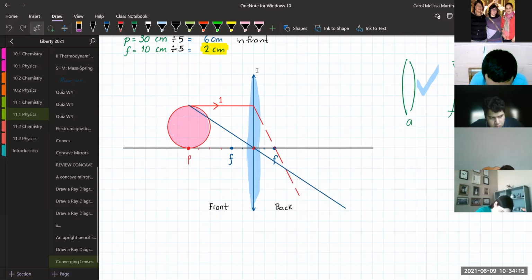It's passing through this center point, okay? The one in the exact middle. Remember that whenever you are in the back of the lens, you have to use a dash line.